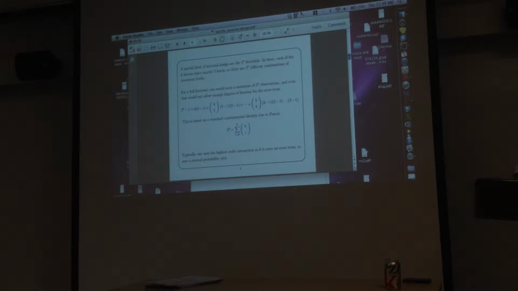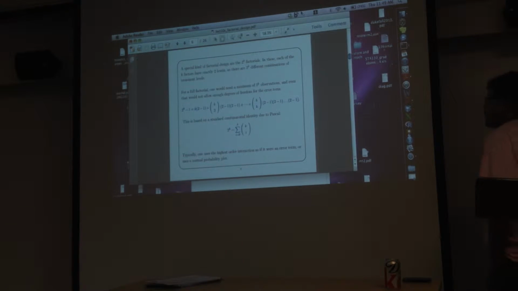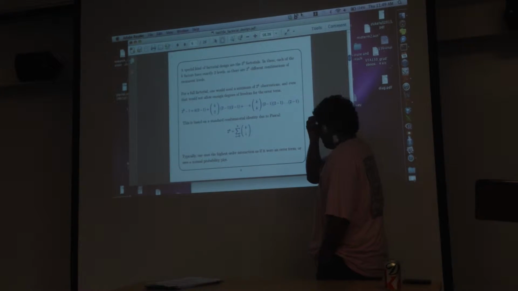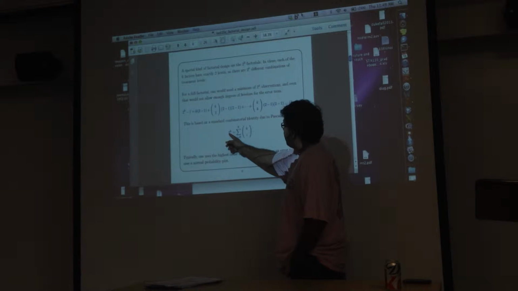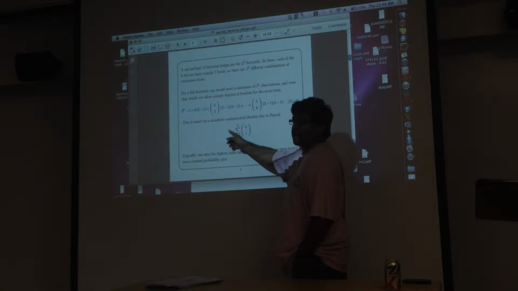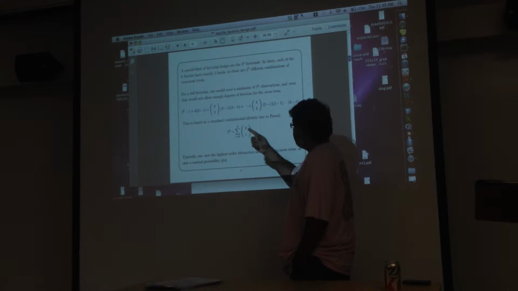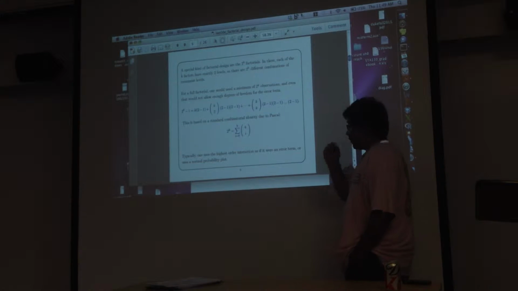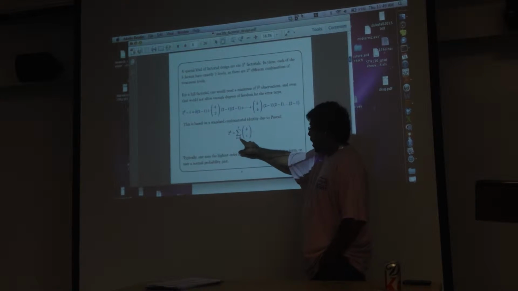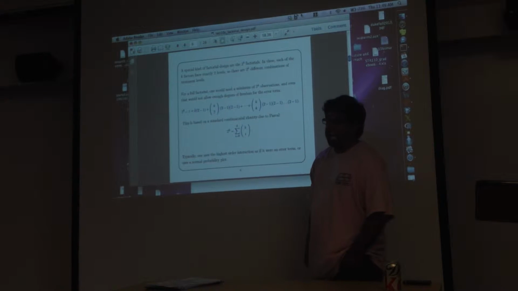Okay, so the idea comes from the following. If I have 2 to the k possibilities, I can think of that as a sum over i equals 0 to k of k choose i.